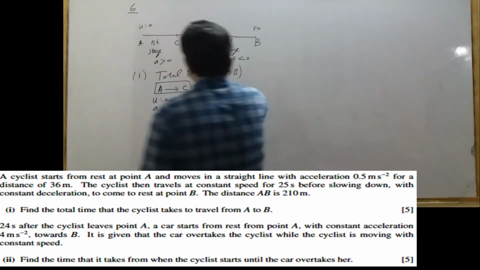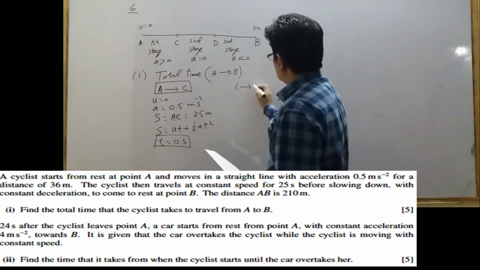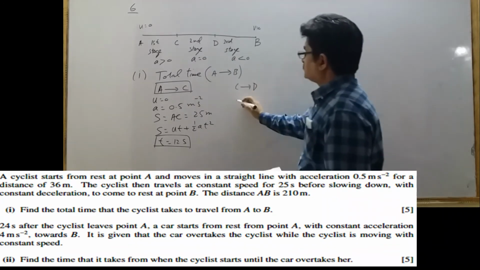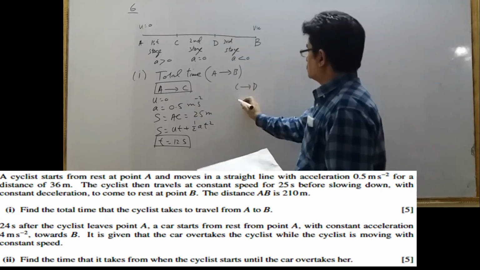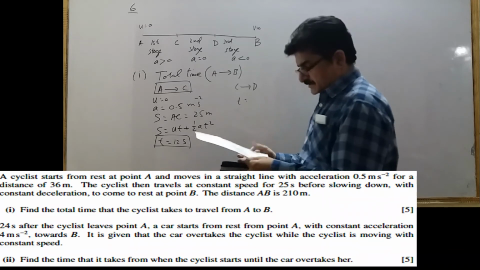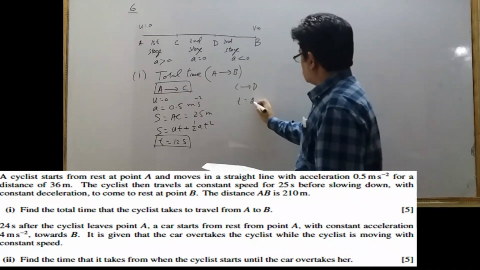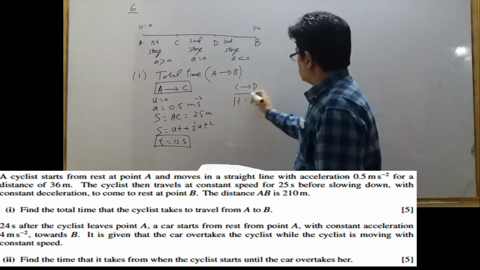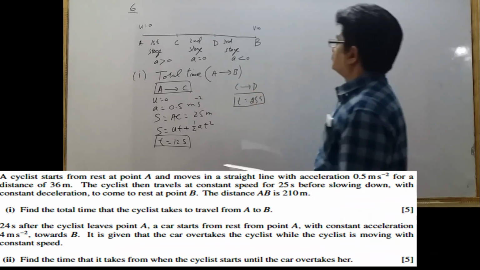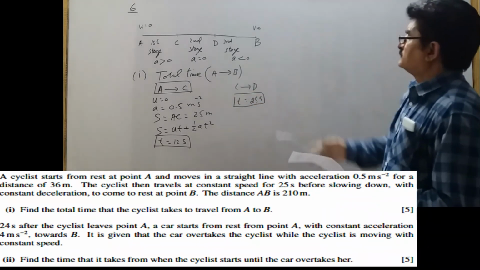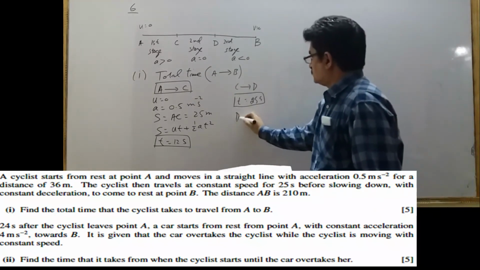Then time from C to D. Time from C to D is given in the question. This time is 25 seconds. So we are given this time. Now how will we find the time from D to B?